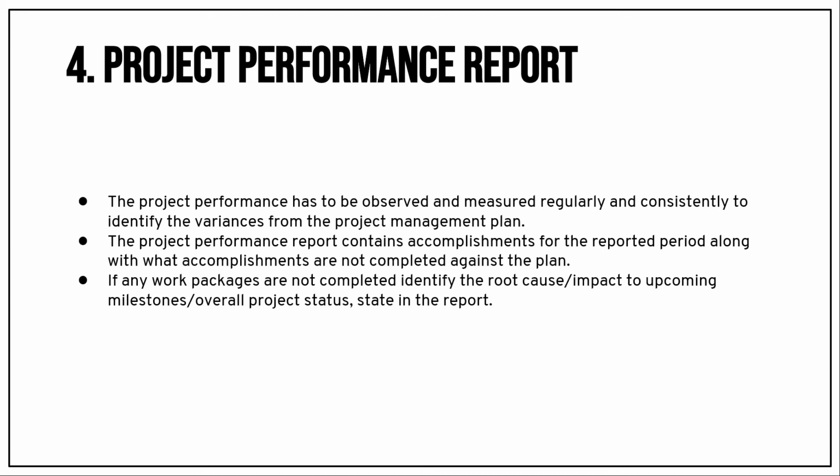So if we are not able to deliver one milestone, we need to provide the root cause and how it's impacting our milestone, and what action we have taken to bring the project on track.